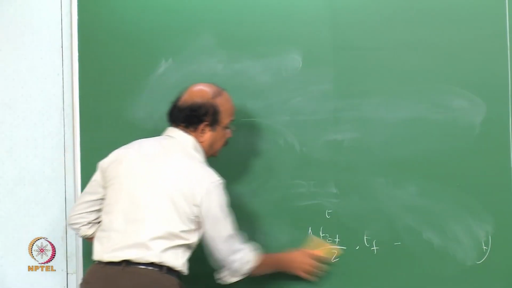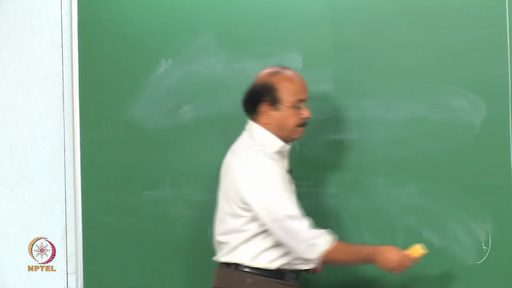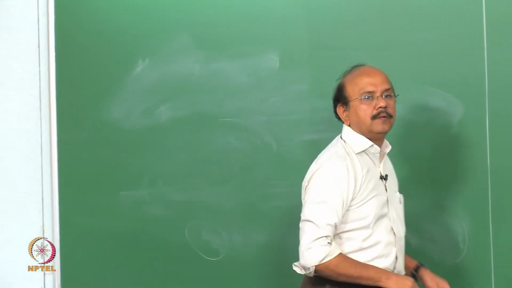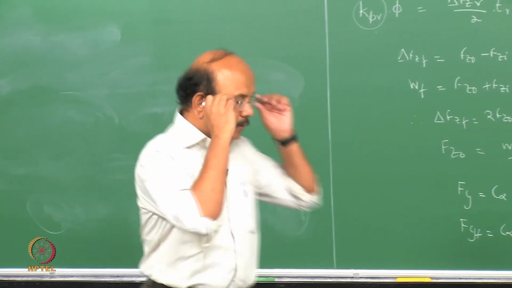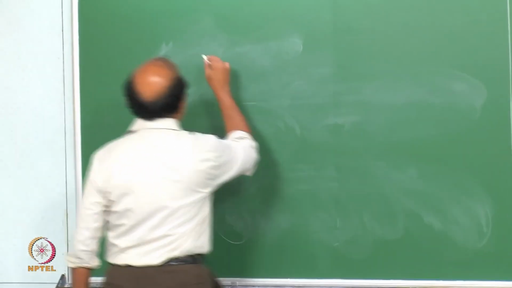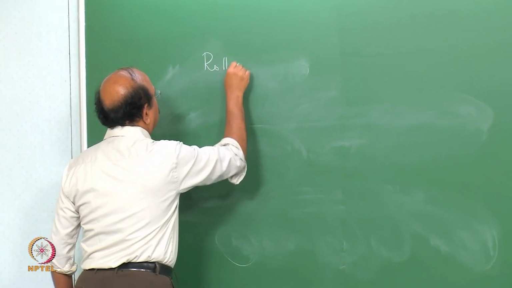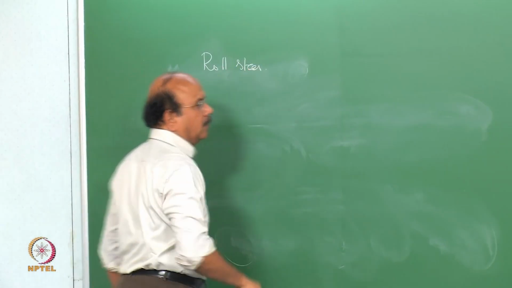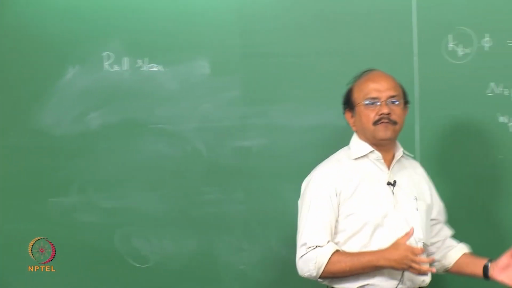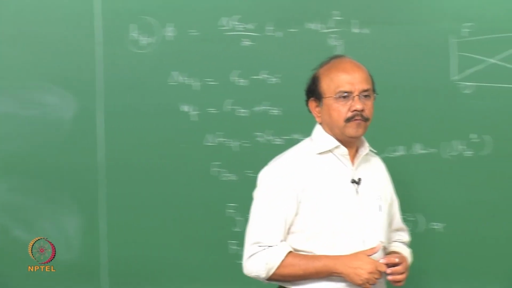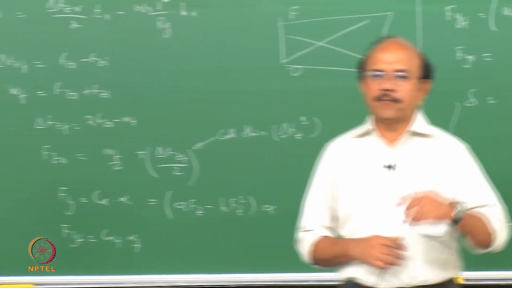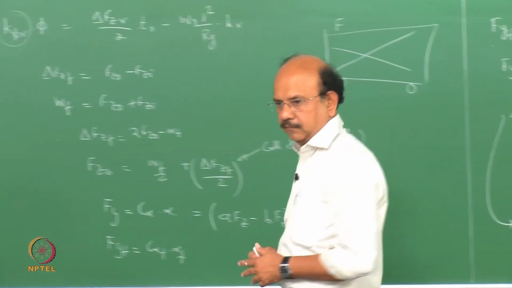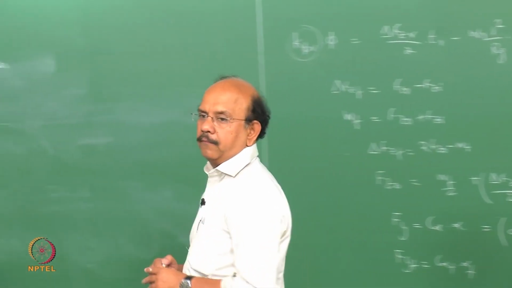The roll also produces two more effects that are important. One of the effects is what is called the roll steer. Remember, the vehicles have two things. One is toe, and the other is camber, apart from what we call caster, okay, and so on.